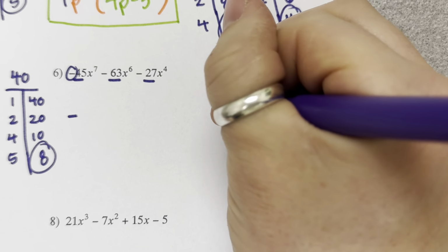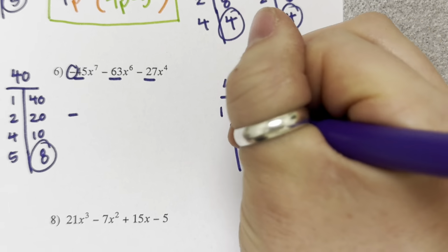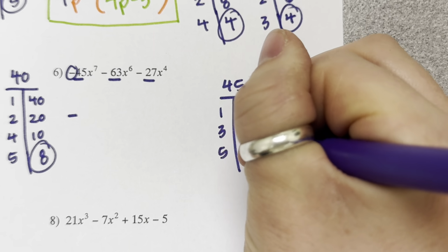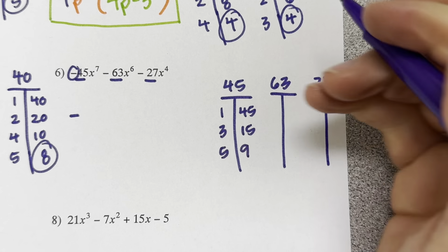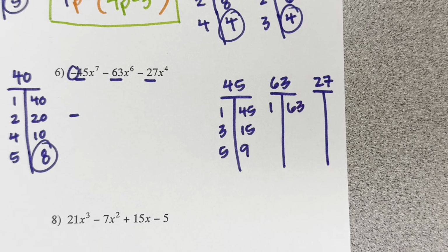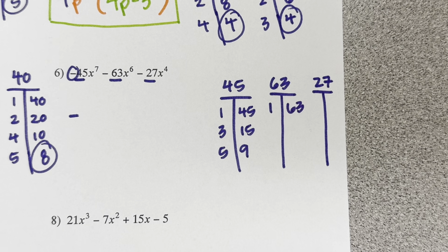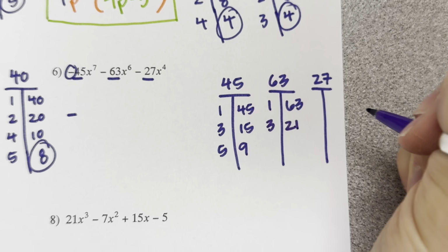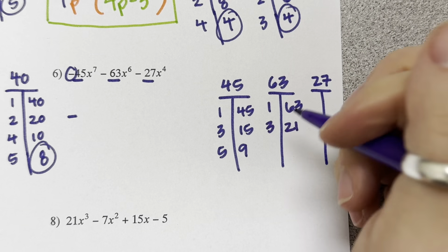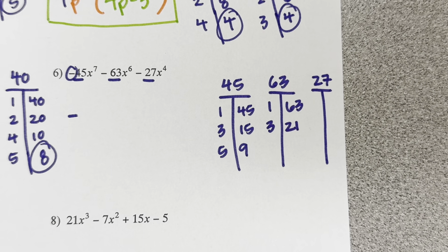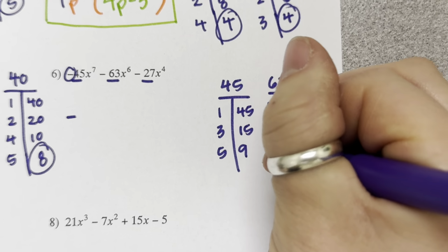Okay, so for 45, I have 1 times 45, 3 times 15, 4 doesn't work, 5 times 9. For 63, I have 1 times 63, 2 doesn't go into it, 3 does. Let me just get on my calculator here. 63 divided by 3 will give me 21. 4 does not go into it, 5 does not go into it, 6 doesn't, 7, 63 divided by 7, I think that's 9, 7 times 9.